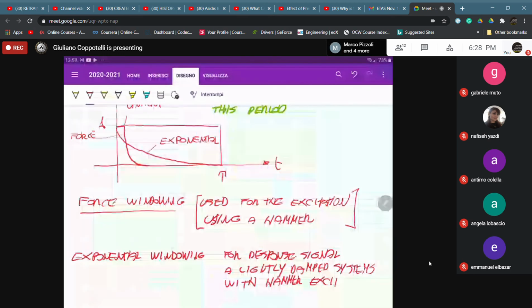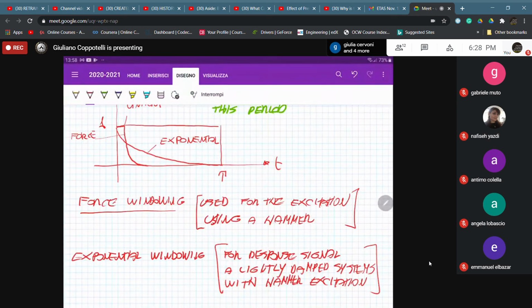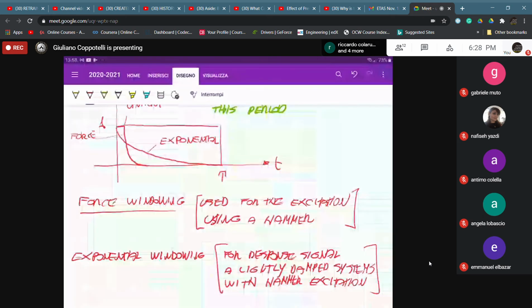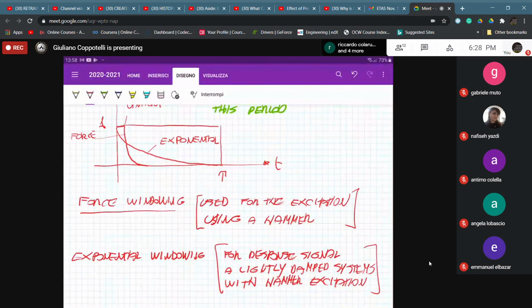If you want, these two, the force windowing and the exponential windowing, could be considered the typical windowing for the force and the acceleration measurement when doing your modal analysis.